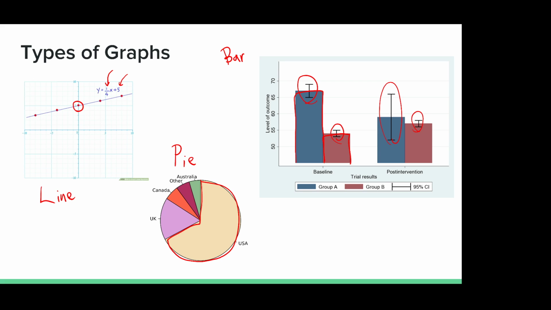But fundamentally what we want to take away from a bar chart is a comparison. You could be comparing group A to group B in baseline. You could be comparing group A to group B in post-intervention, or you could be comparing group A baseline to group A post-intervention, and same thing with group B. The error bars give you information about the uncertainty of that point measure, of that point estimate, I should probably say.